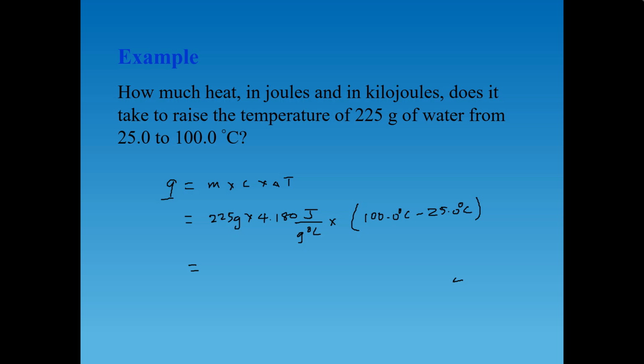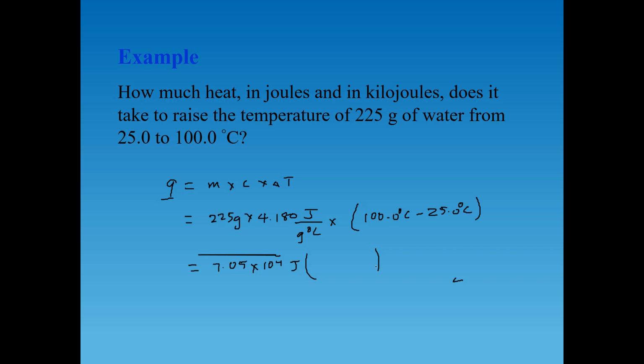Okay, so based on my calculation, this works out to be 7.05 times 10 to the 4 joules. And the question asks for you to convert it to kilojoules as well.